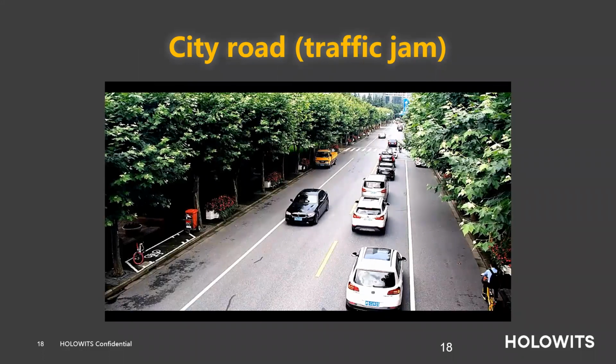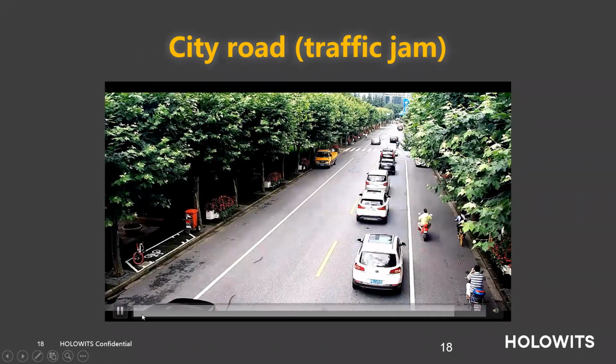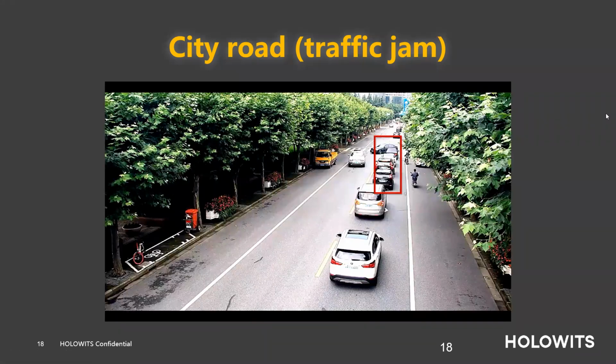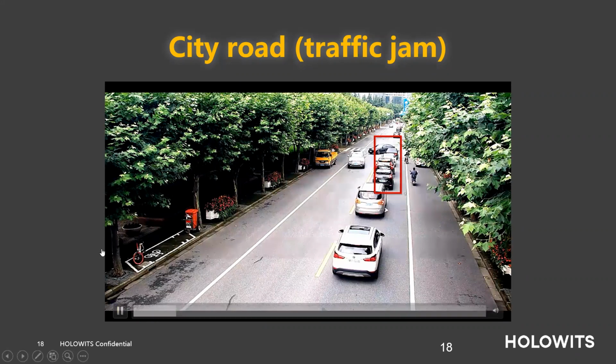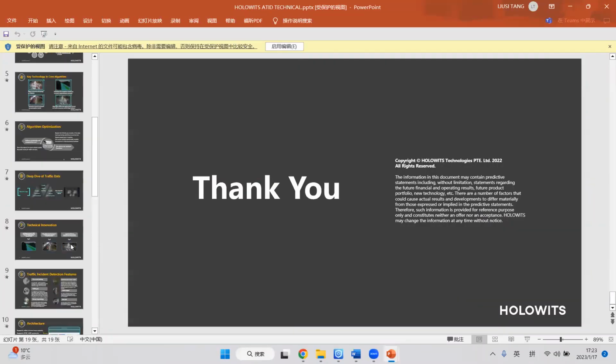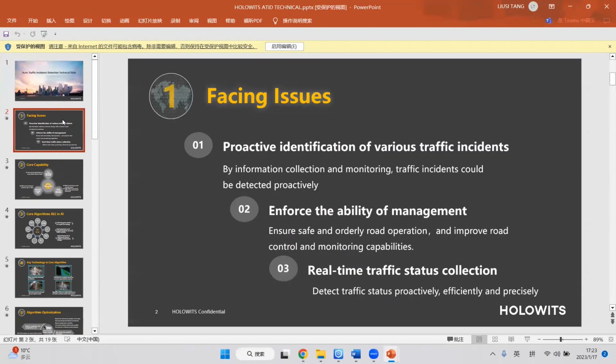You can see some vehicles driving at a very slow speed, below 20 kilometers per hour, within 10 to 30 seconds. This alarm will be uploaded to the platform. So these are basically our new algorithms.